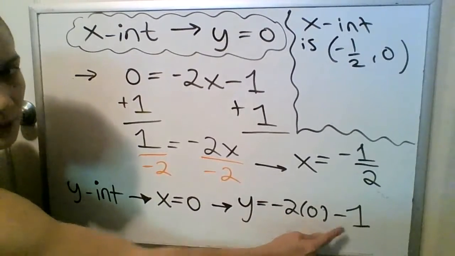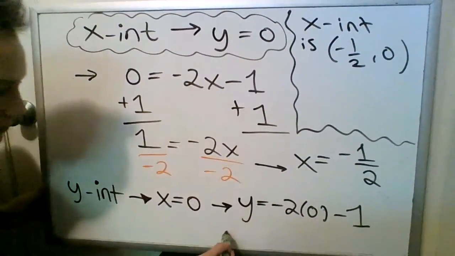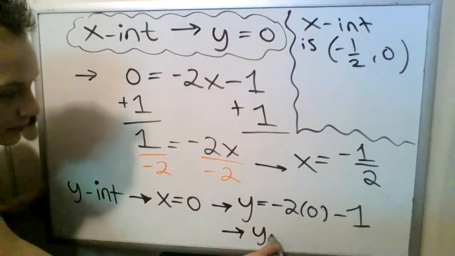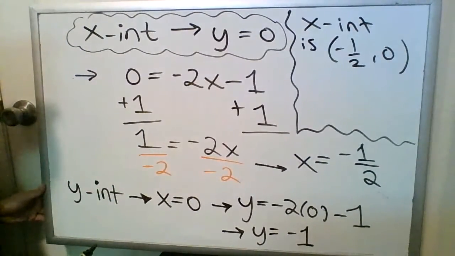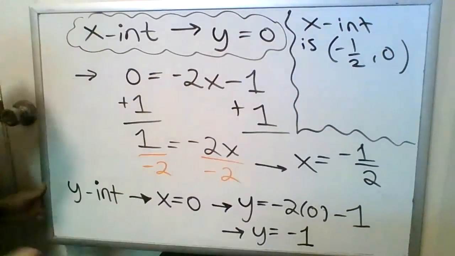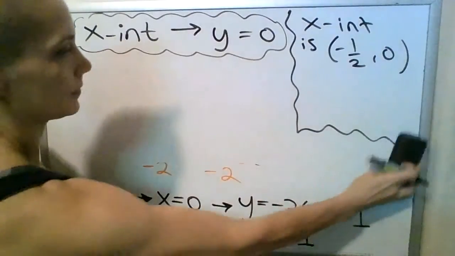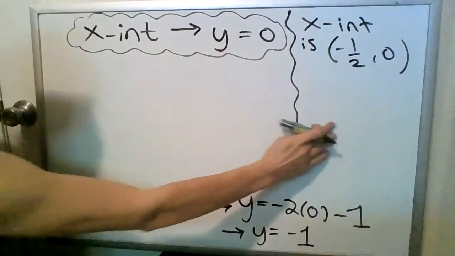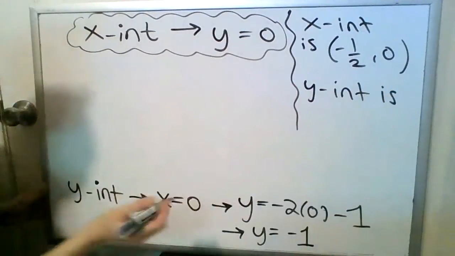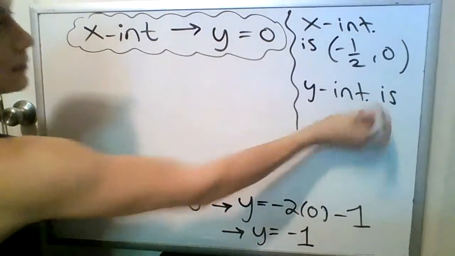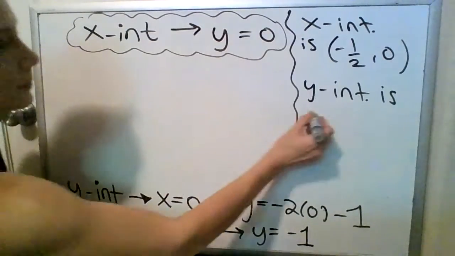This is going to be 0 minus 1, so y equals -1. Okay, so the y-intercept is 0 for x, -1 for y.